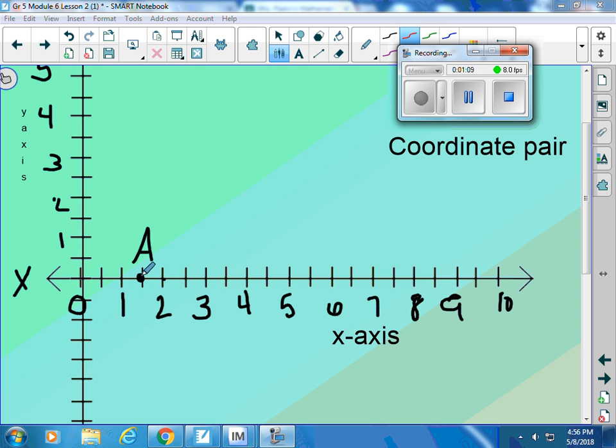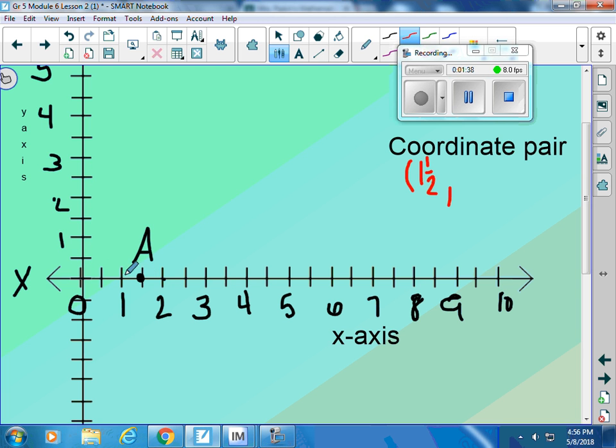If I look here, I go across my line, and this point is at 1 and 1/2. Now I look at the y-axis. Here I got in my elevator, but I don't go up, I don't go down, I stay the same.